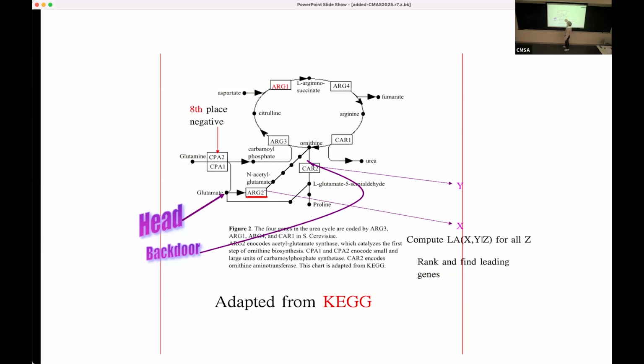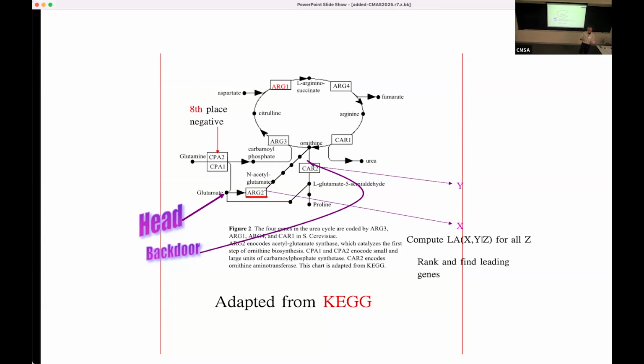But when you have enough arginine, then you have to get out of it, and this is a way out. So this gene controls sort of the back door. Sometimes this one has to shut down, and this one has to open up. If this one is shut down and this one is open, then that means they are negatively correlated.